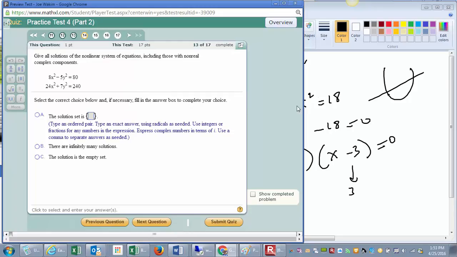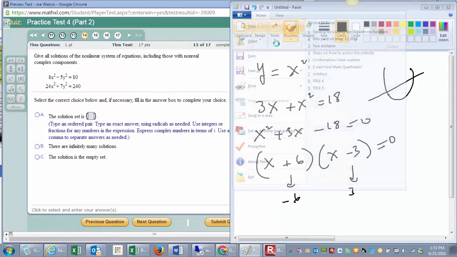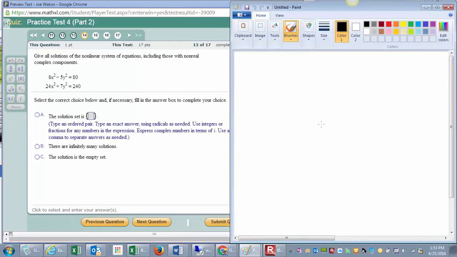All right, this is another one, solving a nonlinear system of equations. Again, we have 8x squared. Let's multiply here by negative 3 so those will cancel. Negative 3 times 8, negative 24x squared.